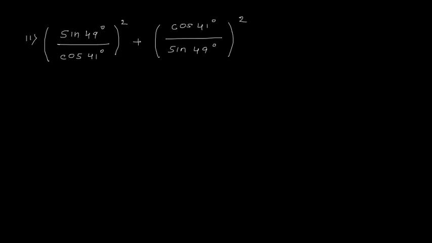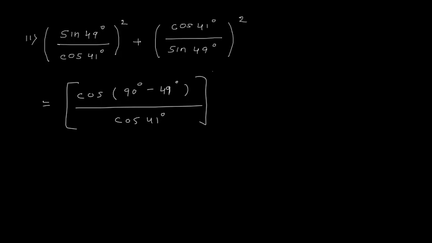Now here sin 49, so what you can do, you convert this sin in cos, so it is cos of 90 degree minus 41 degree divided by 49 degree, not 41, 49 degree upon this is cos 41 degree and then we have whole square.